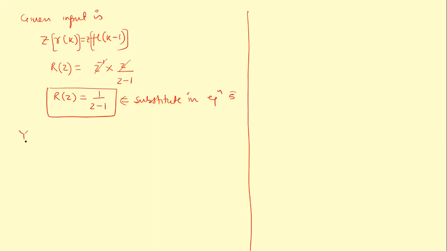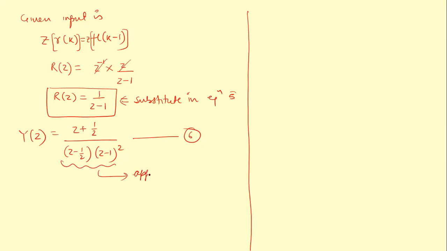So we have Yz equal to z plus 1 by 2 divided by z minus 1 by 2 into z minus 1 square. This is, let us say, equation number 6. Now we can apply partial fraction here, right?